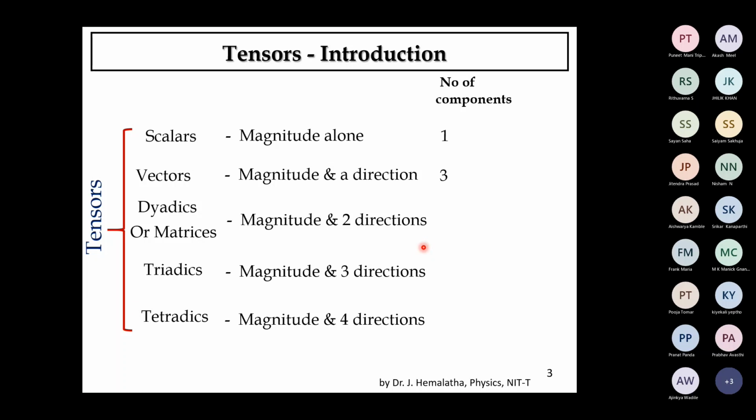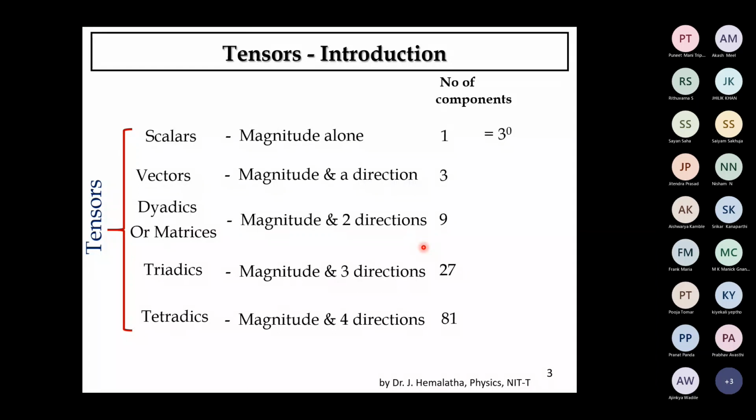Similarly, dyadics require 9 components because they involve 2 directions. Triadics need 27 components, and tetradics need 81 components. It goes on for higher order tensors also. I prefer to write these numbers in this format. Can I write like this? 1, I am writing as 3 power 0.